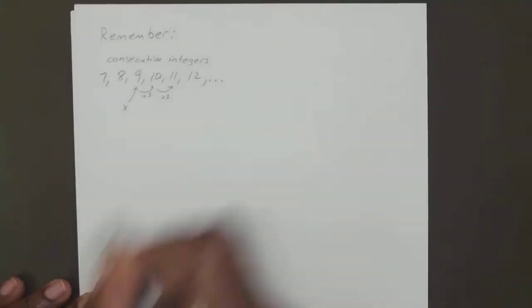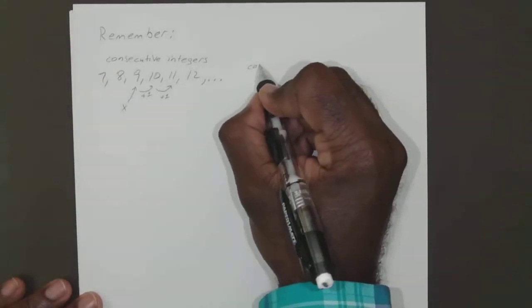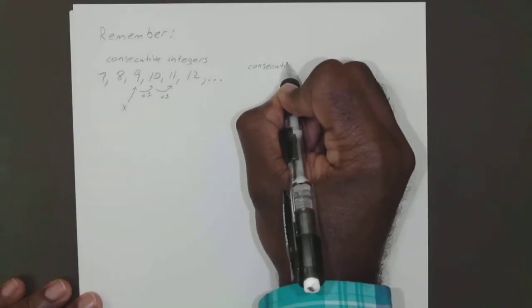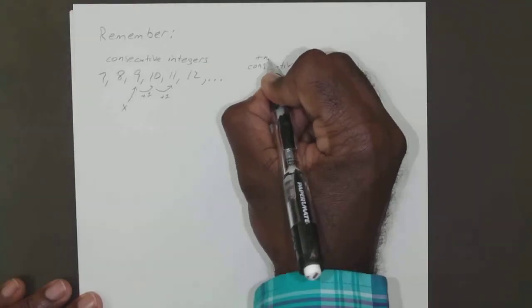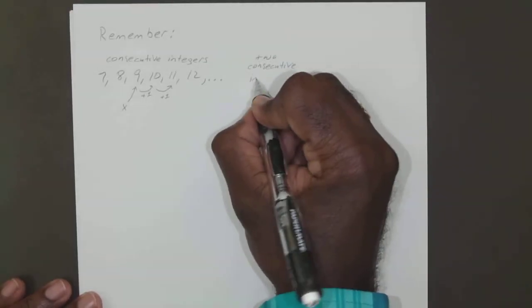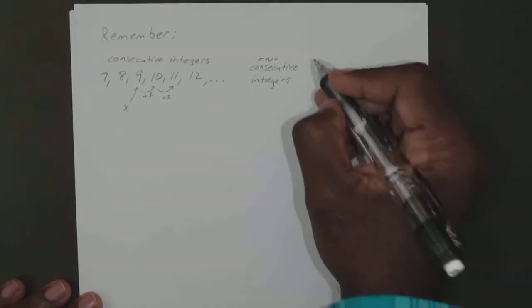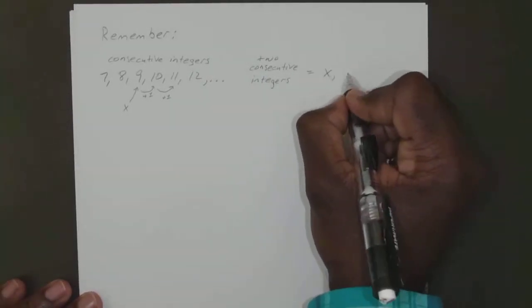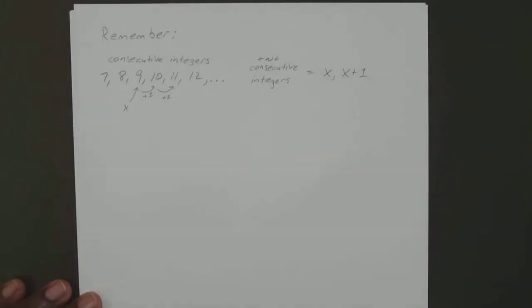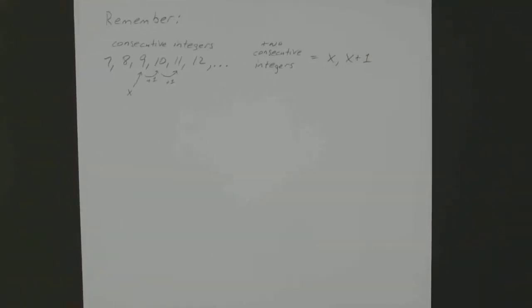Then if we're going from 10 to 11, we're just going from 10 to 10 plus 1. So we know that 2 consecutive integers, we can make that just x and x plus 1.